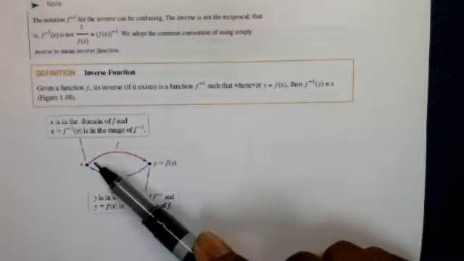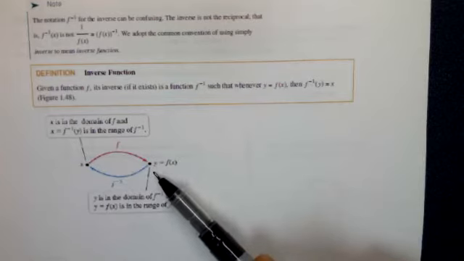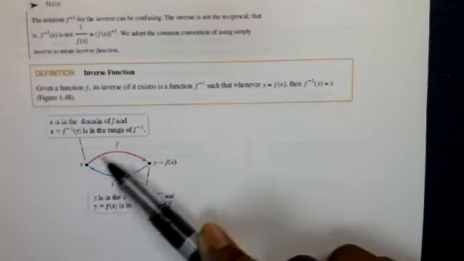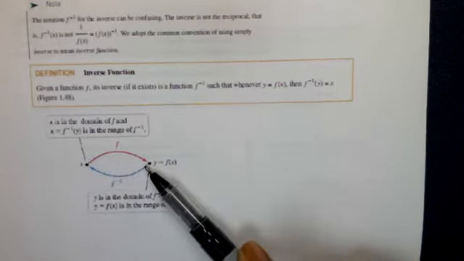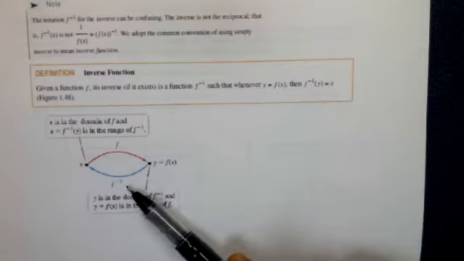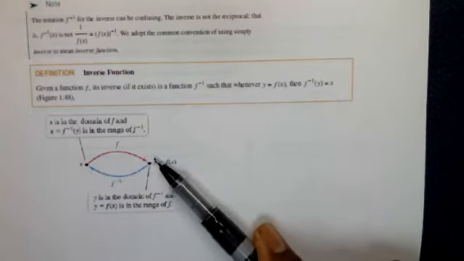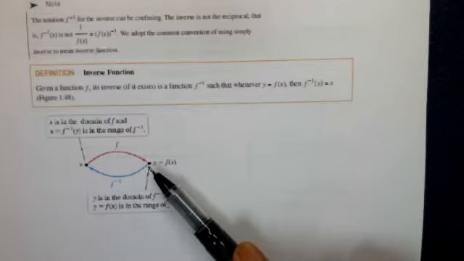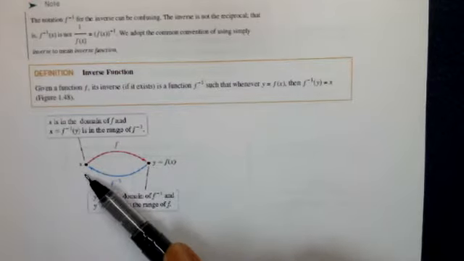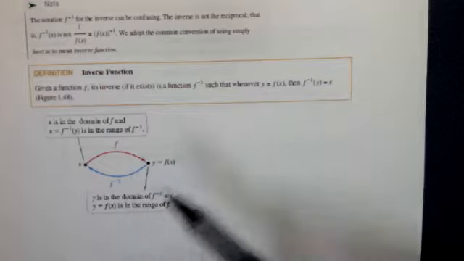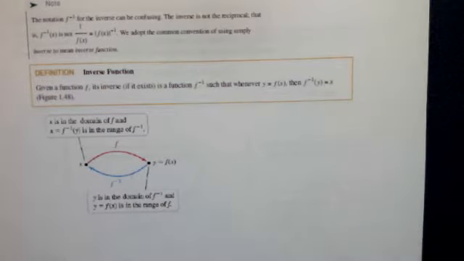So going from x to y equals f of x, that's your function f, where of course x is in the domain of f, and x equals f inverse of y will be in the range. But if we go from y equals f of x back to x, then it will be f inverse, where y will be in the domain of f inverse and x will be in the range of f inverse.